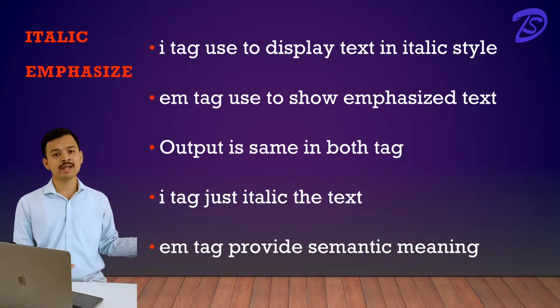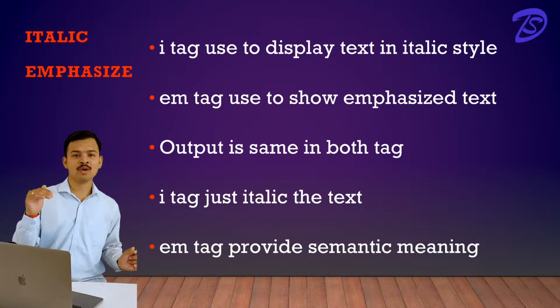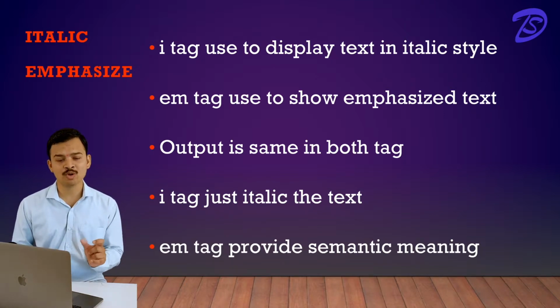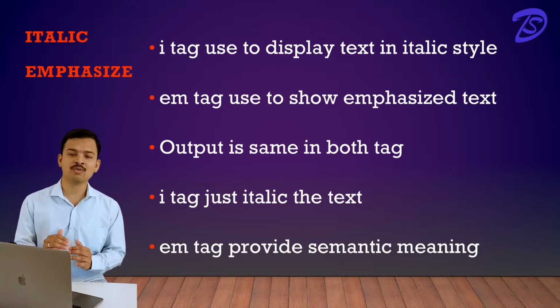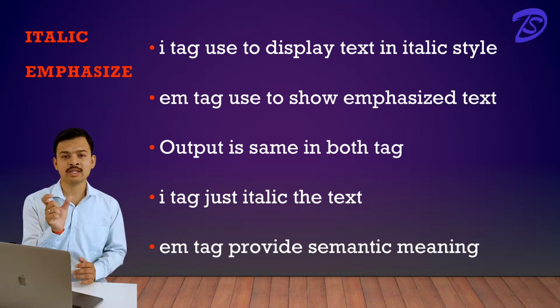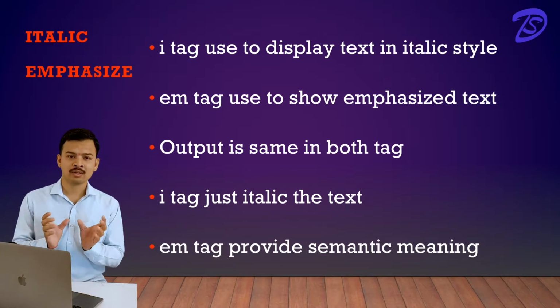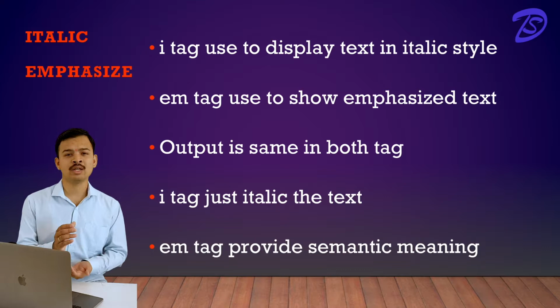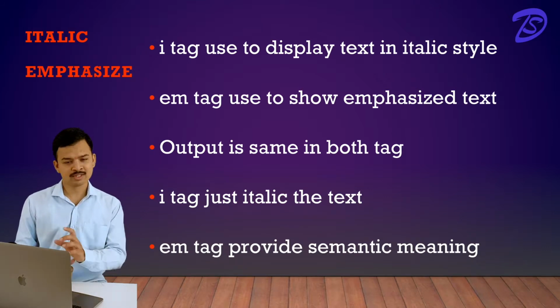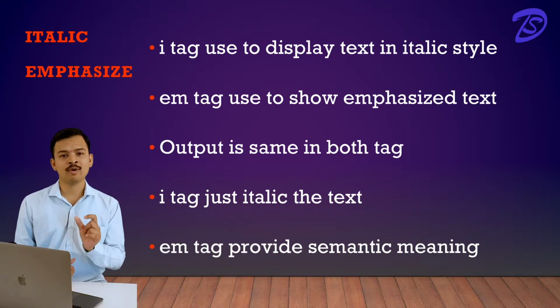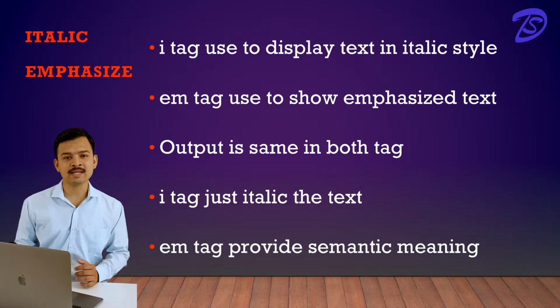Just like the strong tag: when the browser processes the B tag, it takes it as just bold text, but whenever you use the strong tag, it tells the browser this is the important text in this line. So the browser also renders it and processes it like important text. Same thing happens here. Whenever you use the EM tag, the browser will take it as emphasized text.